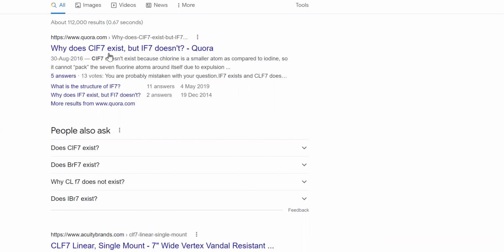You actually get this question. The first one that we get on Quora is actually an AS question. They're asking, in this case, ClF7 exists. There was another one, a specific kind of question.